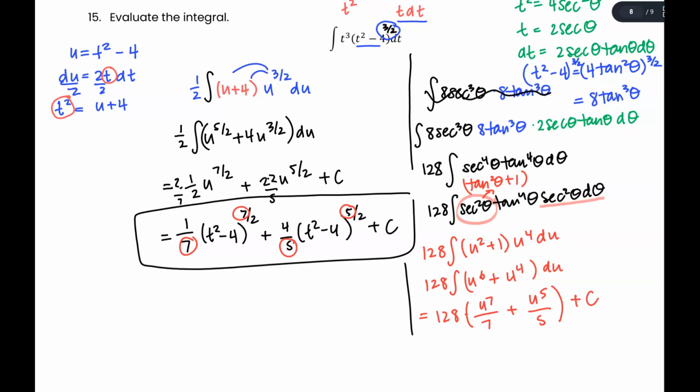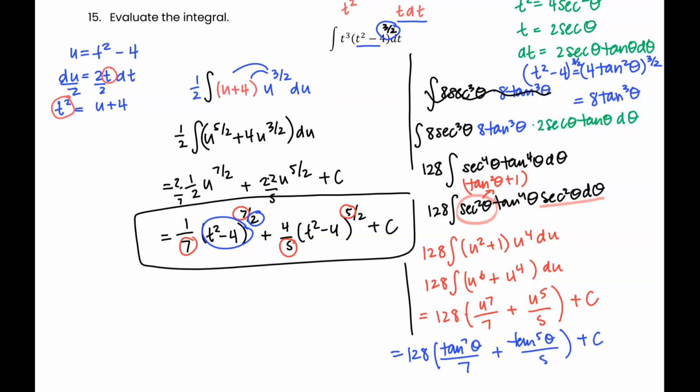I have to go back to my original substitution. So this is 128 tangent to the 7th of theta over 7 plus tangent to the 5th of theta over 5. And then I need to go back to my triangle. Oh my god. And my guess is we're going to end up with that square root of t squared minus 4, which is why we're going to end up with this 2 and that piece.